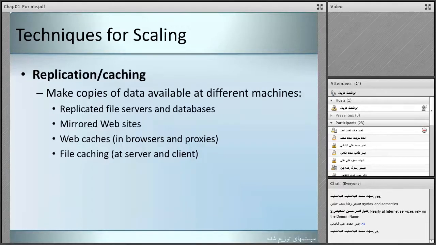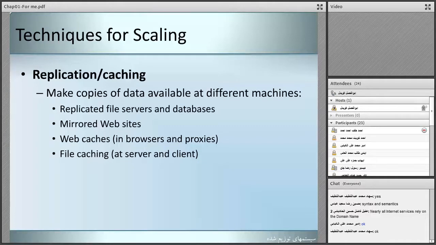Another technique is replication and caching. We can have copies of data available at different machines. For example, google.com is a website for searching queries.